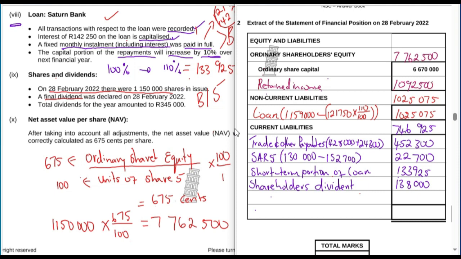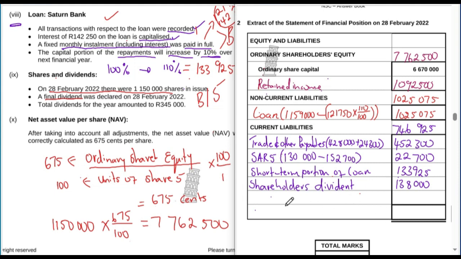1,092,500. And then guys, in this case now we can take our ordinary shareholders equity plus our non-current liabilities plus our current liabilities, and then we have our final amount.